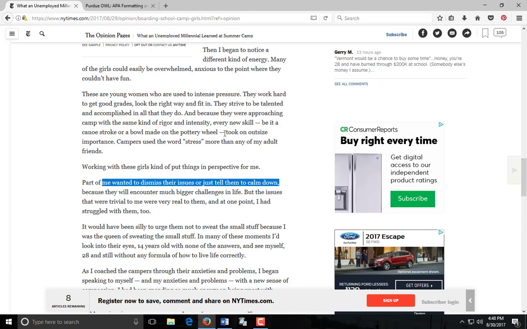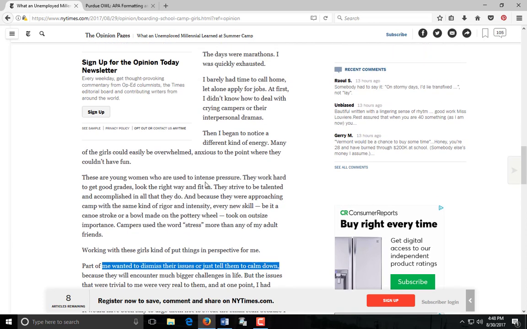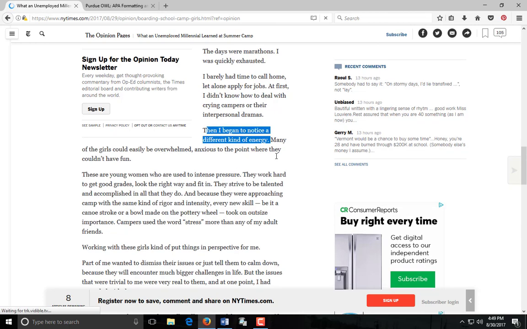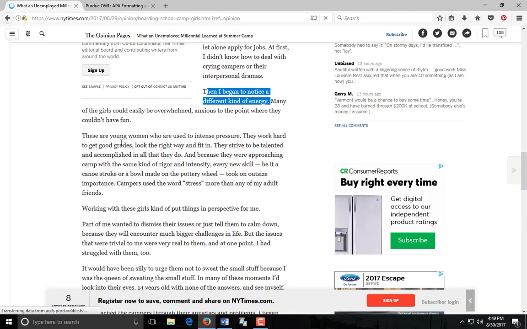Right here she says, then I began to notice a different kind of energy. Okay, so she was working and she was exhausted, and then she began to notice a different kind of energy. Many of the girls could easily be overwhelmed, anxious to the point where they couldn't have fun. And she talked about these kind of things. Working with these girls kind of put things in perspective for me.